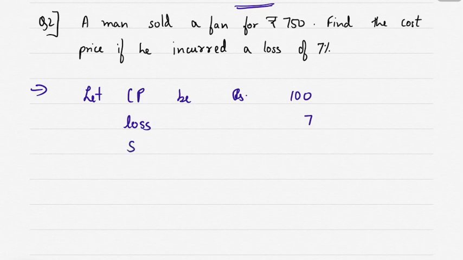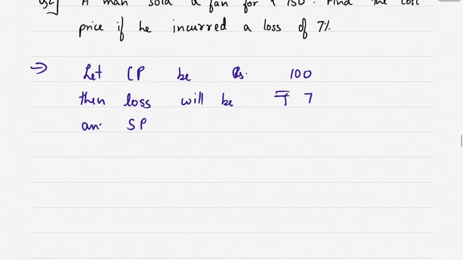Then selling price will be rupees 100 minus 7. 100 minus 7 is 93. Correct? And selling price is given as 750.